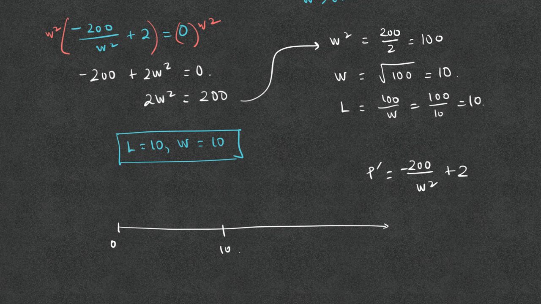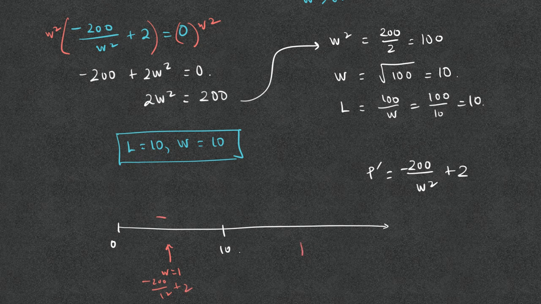If we pick a number between 0 and 10, for example 1, then P prime equals negative 200 over 1 squared plus 2, which makes this interval negative.